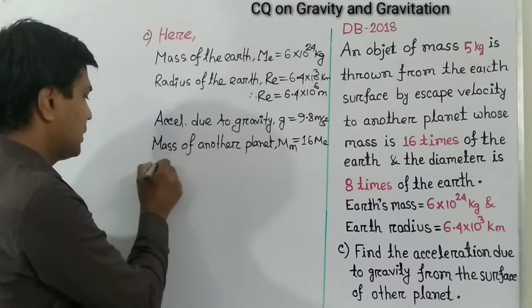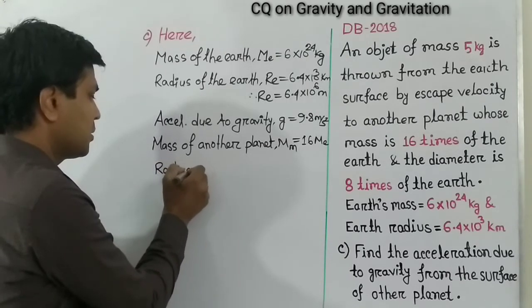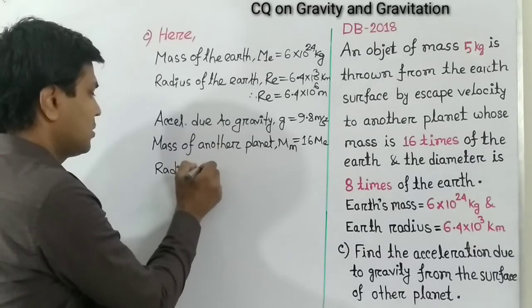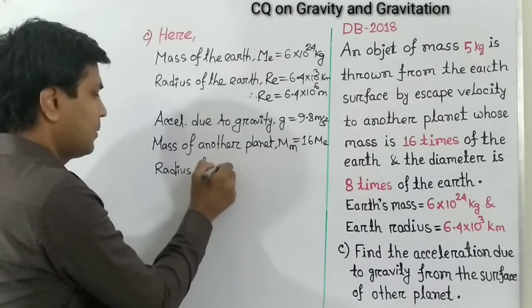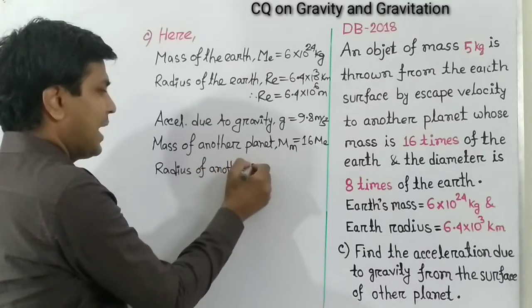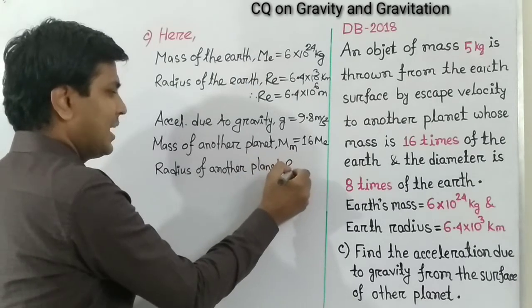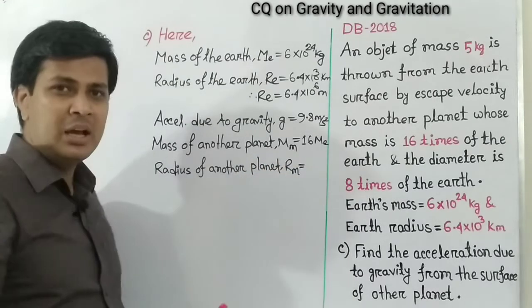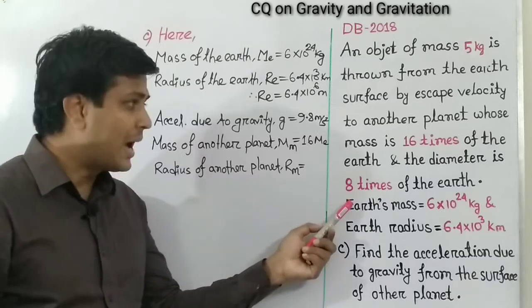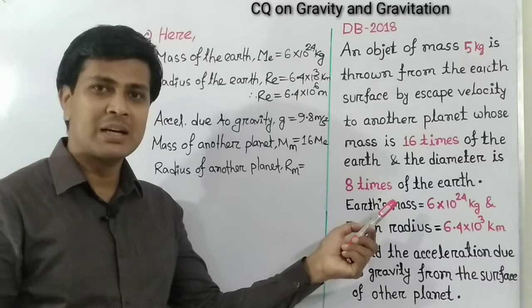Now the radius of the other planet, which is RM, and look at the stem here: the diameter of the planet is 8 times that of the Earth.